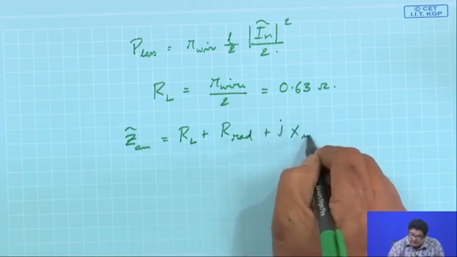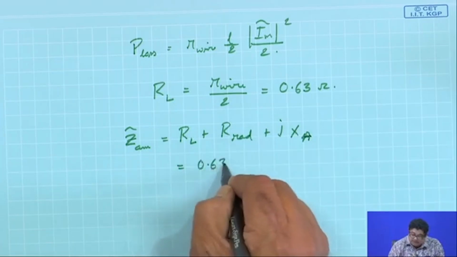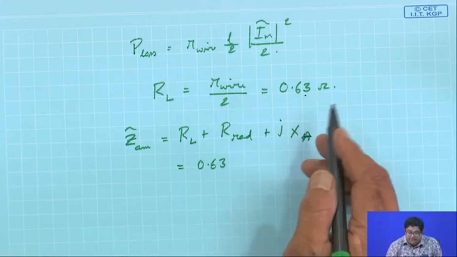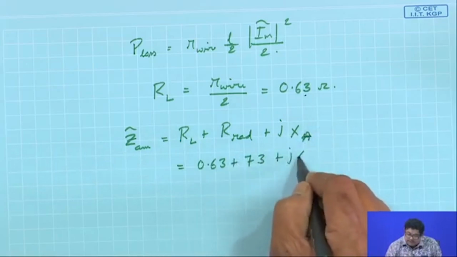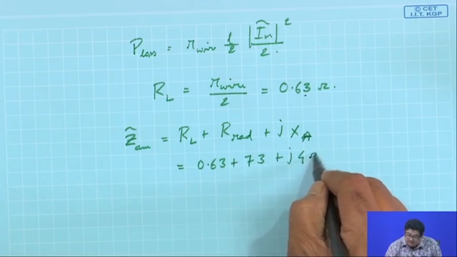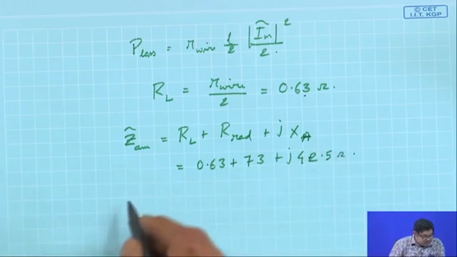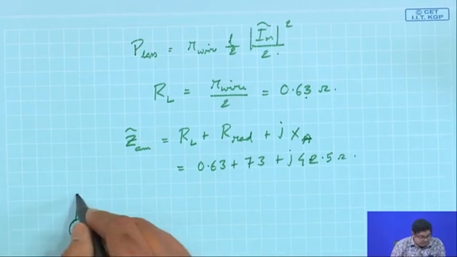So, total impedance of the antenna will then be R_L plus R_rad plus jX_antenna. You see that loss resistance is quite small at high frequency compared to 73 ohm radiation resistance, and so we can draw this voltage source.